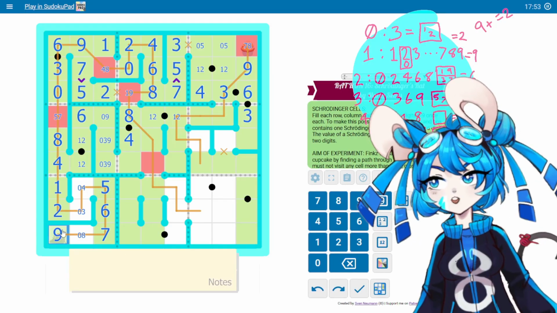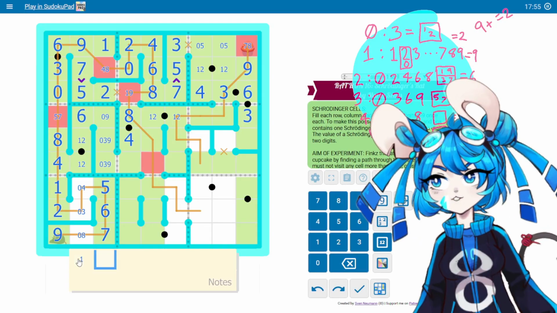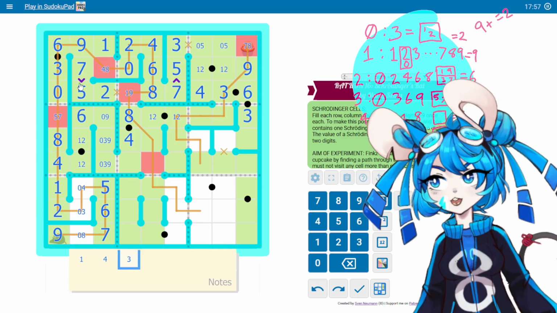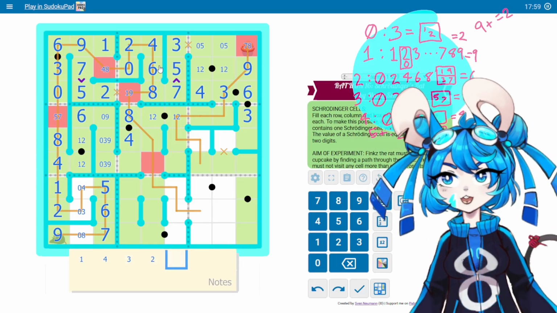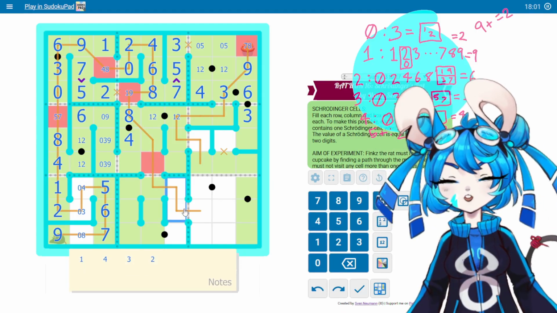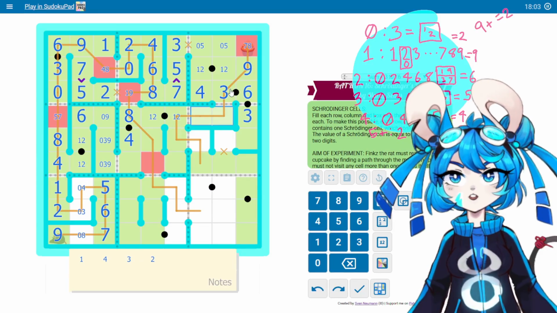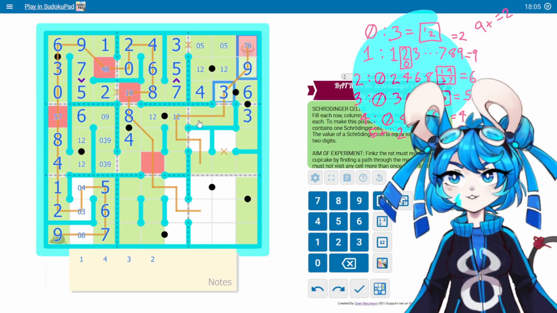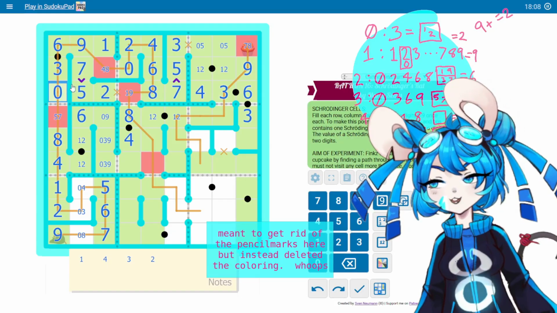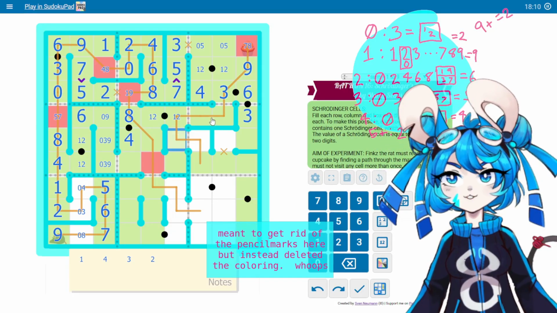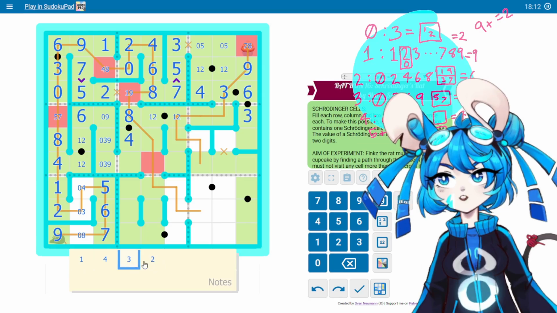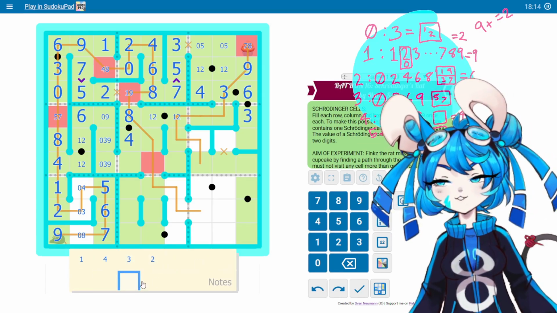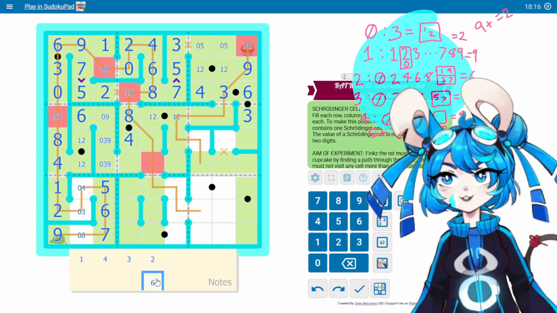Well, in order, we have 1, 4, 3, 2. We have something here, here, here, and here. And this one is 6. 1, 2, 3, 4, 5, 6, 7, 8, 9, 10, 11. This one is 6.